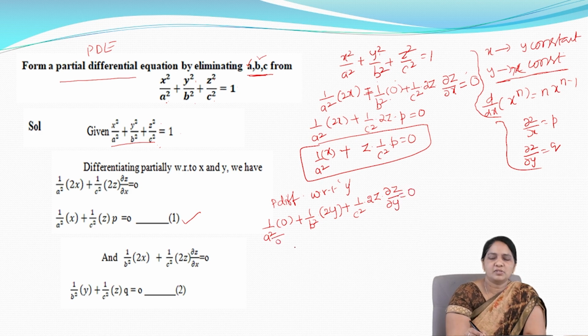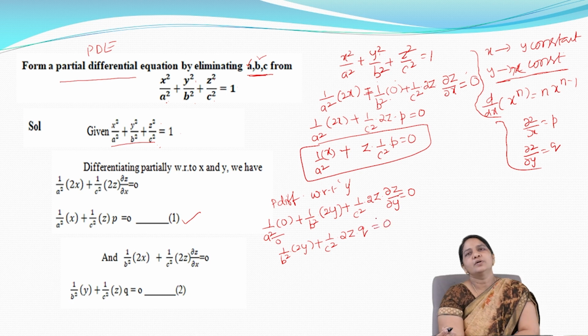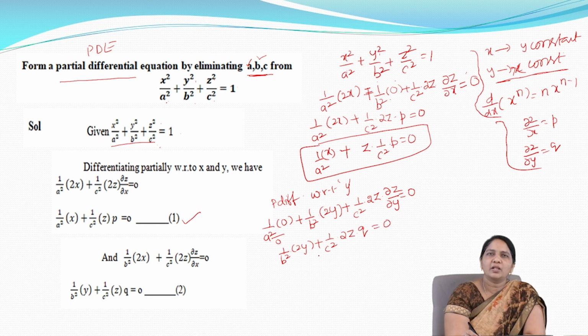Now the first term is 0. So 1 by b square into 2y plus 1 by c square into 2z into dou z by dou y, which is q. So I am replacing this notation here. Finally, taking the common 2, I get y by b square plus z by c square into q equal to 0.